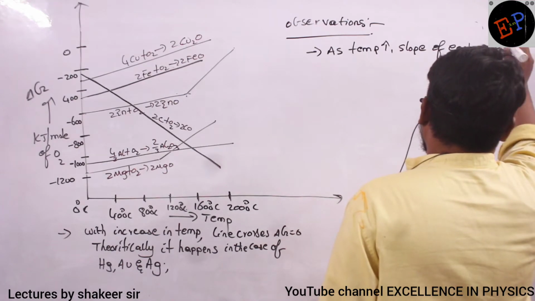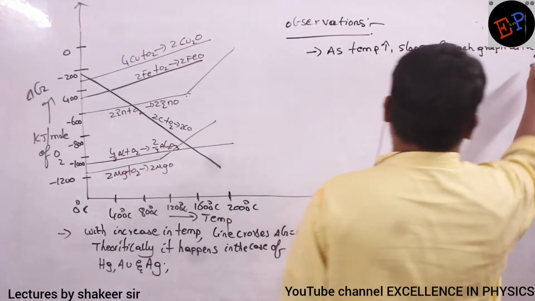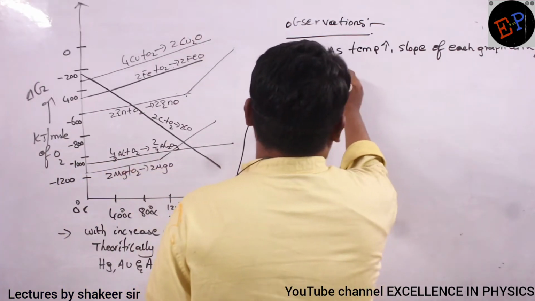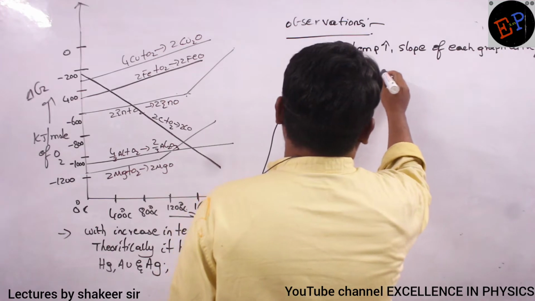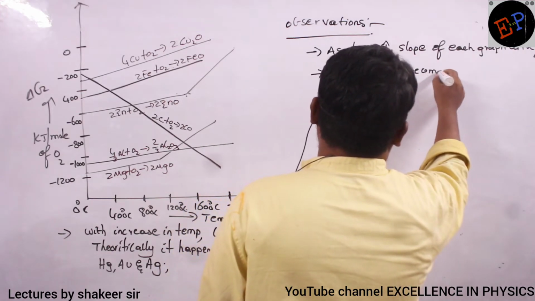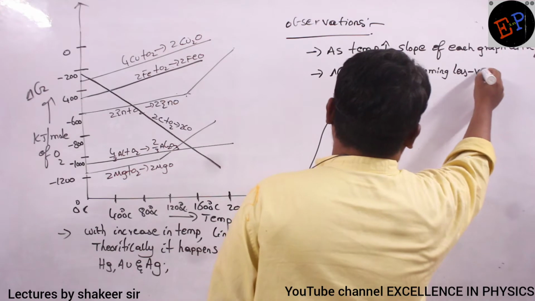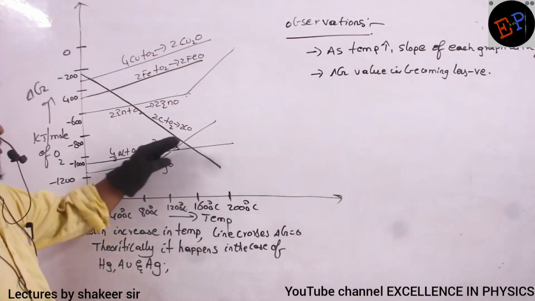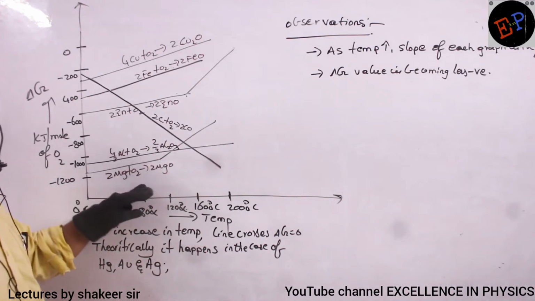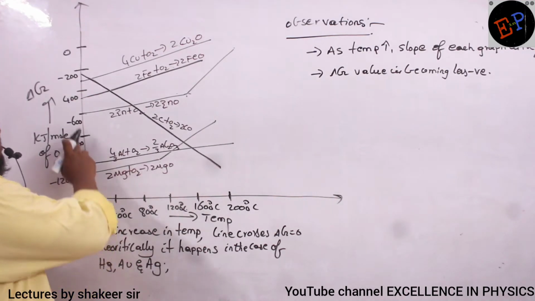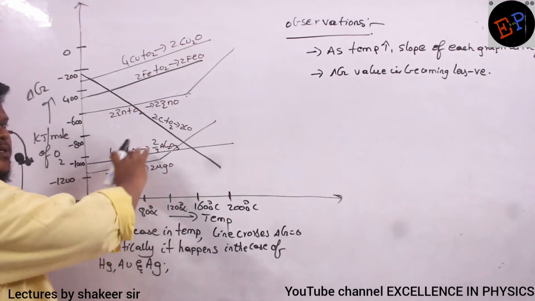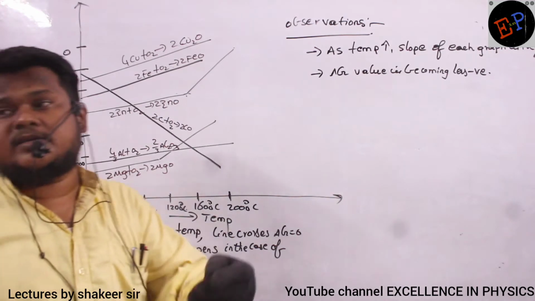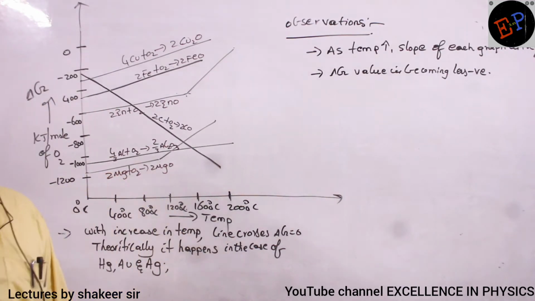The slope of each graph is positive, which means that the delta G value is becoming less negative. This is what is happening now. As temperature increases, the slope of the graph remains the same, but what is happening to the delta G value? The delta G value is continuously increasing. Increasing in the sense that it is becoming less and less negative. The negative value is reducing.